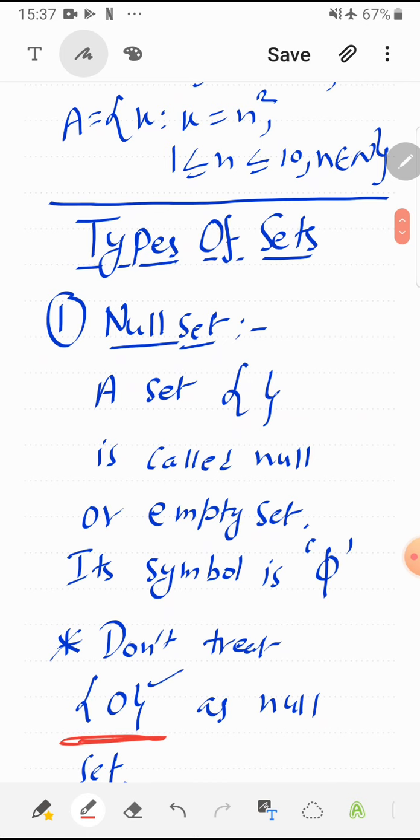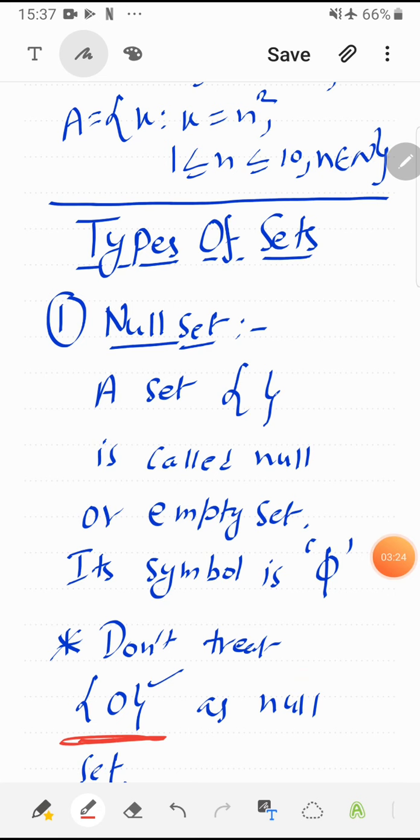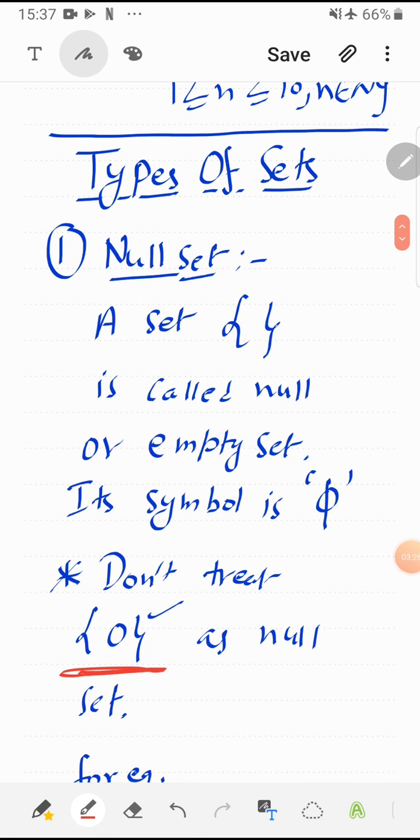This is not a null set, this is a non-empty set having the number 0 as its element. So we should always keep in mind that this is singleton 0, and the null set has a fixed symbol, which is phi, meaning empty set.